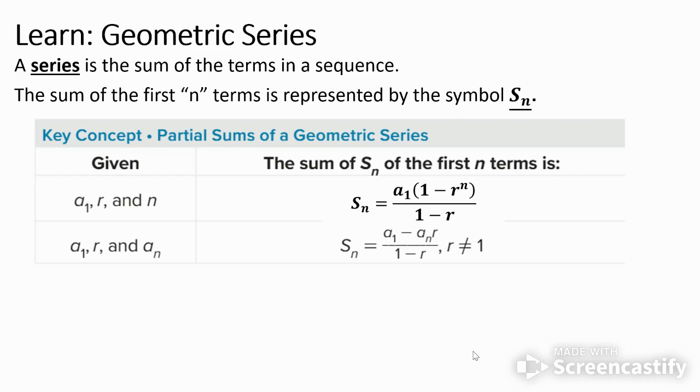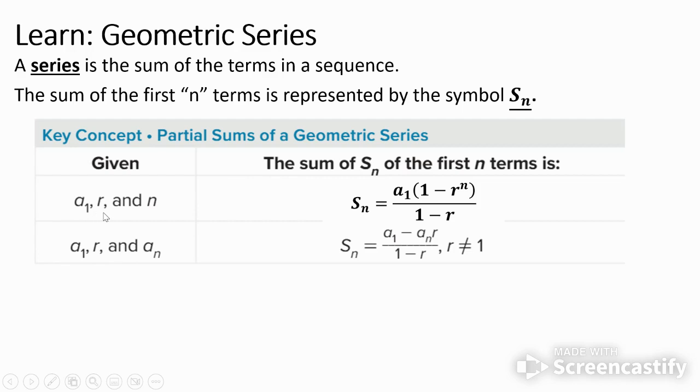Now, for a series, there are two equations that will work to calculate more quickly the sum of the series. Sn, which represents the sum of the first n terms, can be found using either of these equations. The way that you'll know which equation to use depends on what you're given, or what your ingredients are.